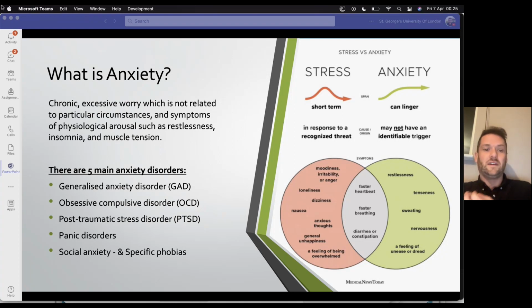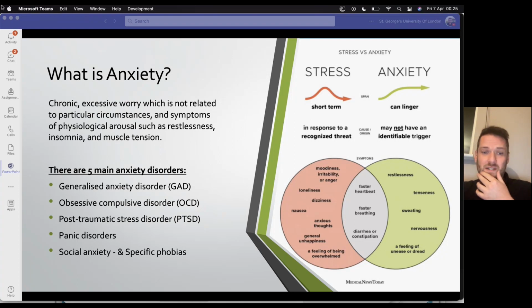But if you have a high enough level of anxiety, just that situation will trigger it. So I think trigger is not the helpful word. It's more about stress being in response to a recognized threat, whereas anxiety might not have an identifiable trigger. And even if it does, it may not be related to an actual thing that's happening right now. It's more an idea that is triggering you.